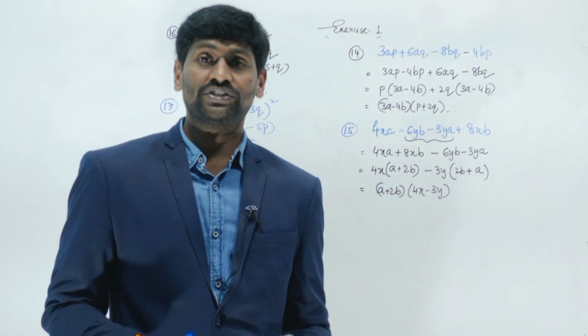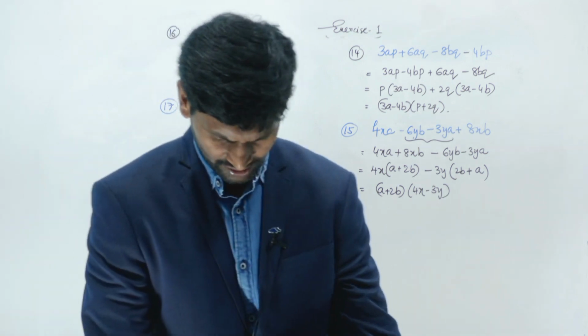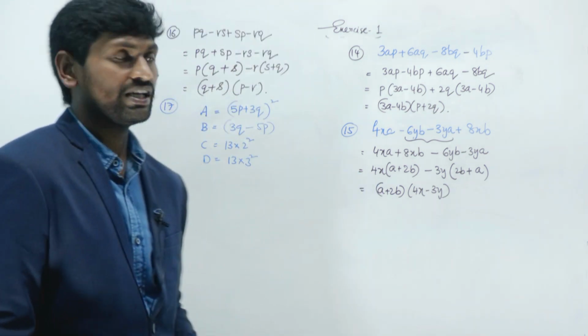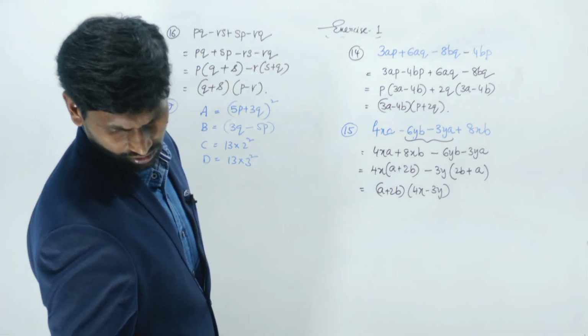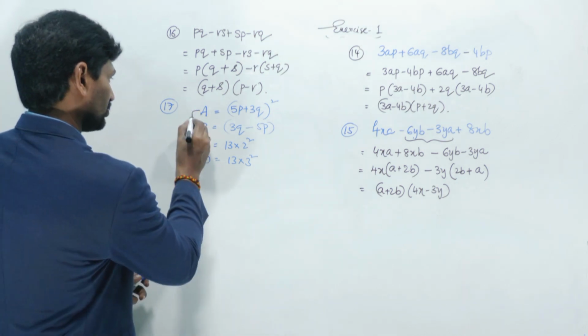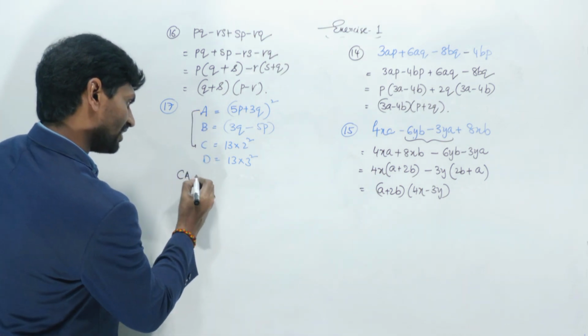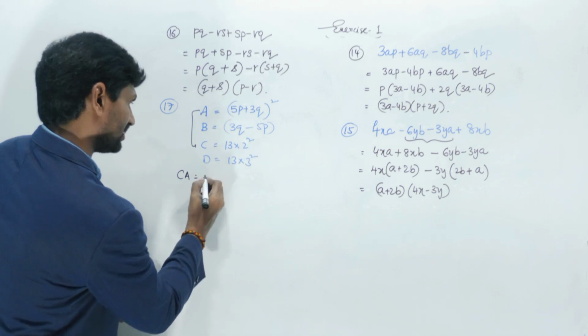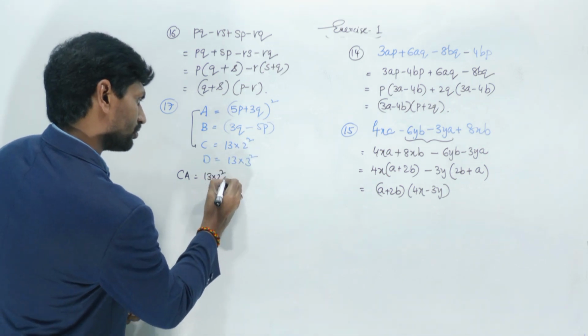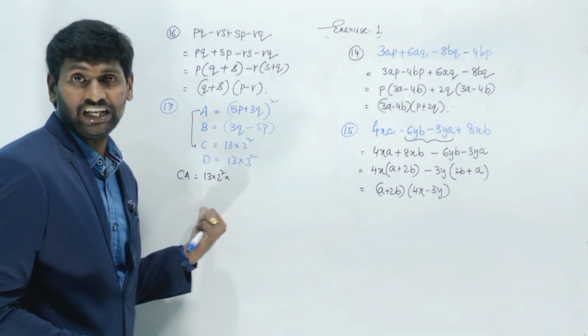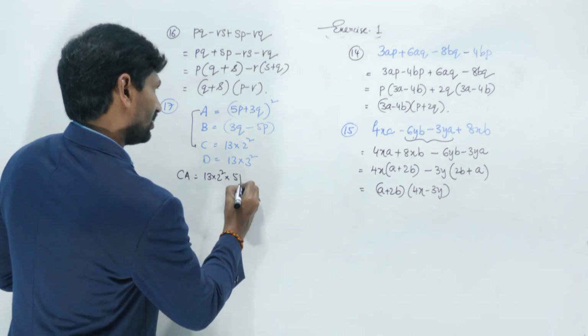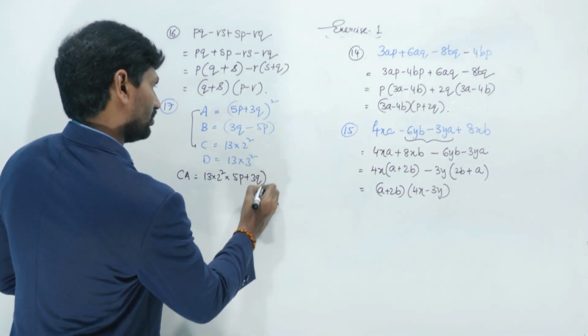Then the factors of CA minus BD. CA, these two we should write. CA we can write as, I am writing C first. 13 into 2 square into, CA means C into A, 5P plus 3Q whole square.